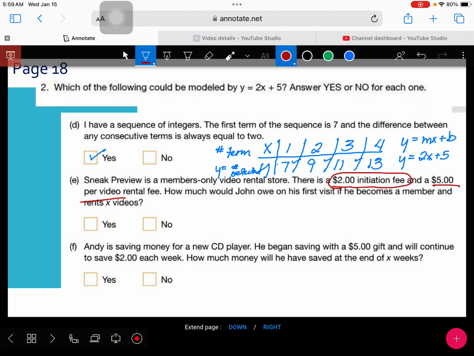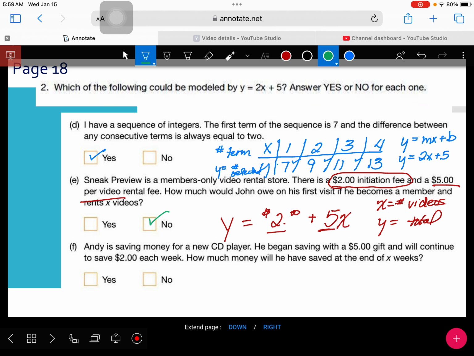That seems to me a $2 fee plus $5 per video, where X is the number of videos and Y is your total cost. Okay, so it's similar, it's got the same numbers, but the y-intercept and the slope are reversed. So that is going to be a no.